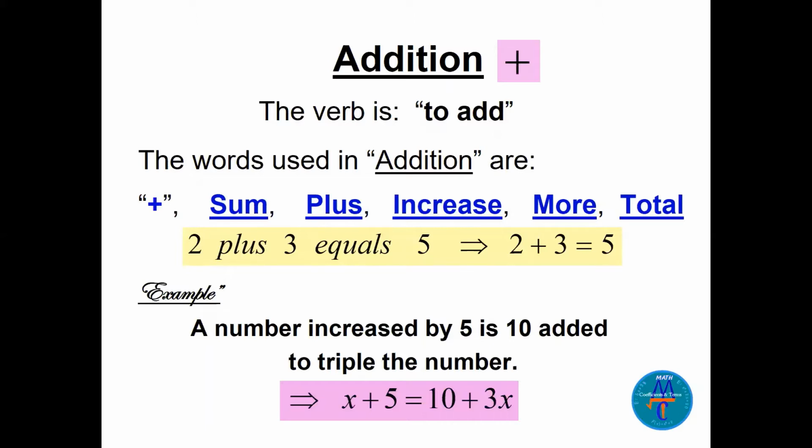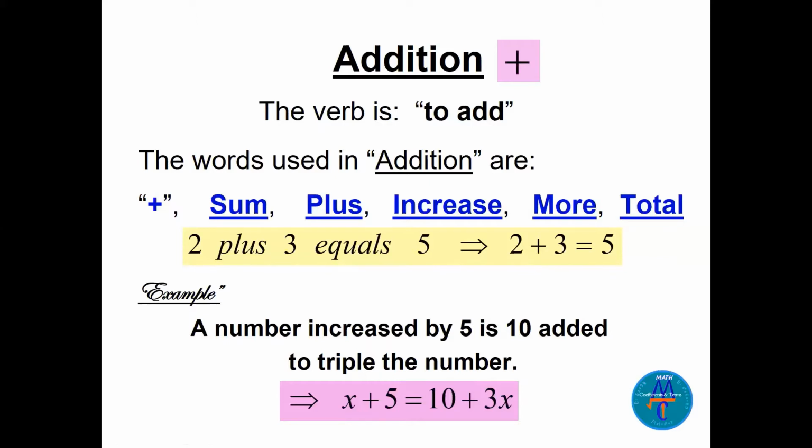So sometimes we have English statements we can translate to math statement. Like this example, a number increased by 5 is 10 added to triple the number. See, when we say a number, so directly we can think of X or Y or A or B or some variable. A number increased by 5, so it's X plus 5.